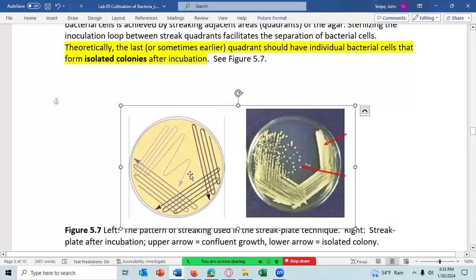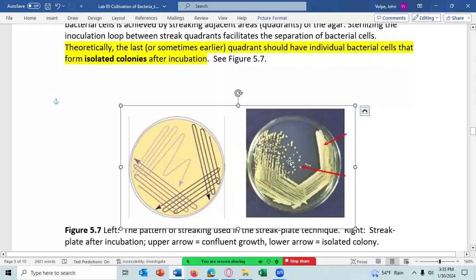The purpose of this procedure for streaking is that with each sector, you'll get more dilute bacteria, so that someplace along the line when you're streaking, you will streak down onto the agar plate an isolated cell, which will grow into an isolated colony.